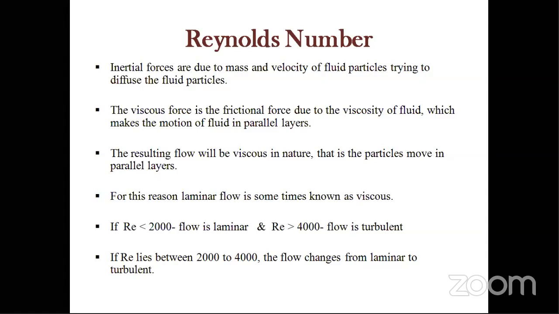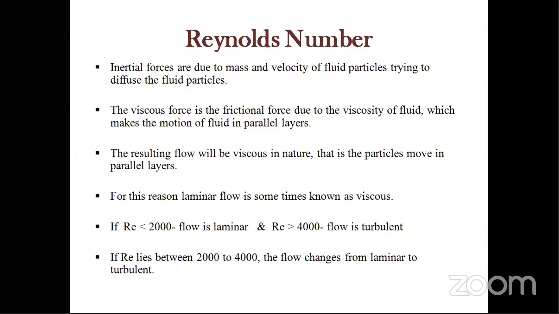The viscous force is a frictional force due to the viscosity of the fluids, which makes the motion of the fluid in parallel layers. Depending on the viscosity of the fluid, your flow of fluid is different. If you have more viscous fluid, your viscosity differs. If you have less viscous fluid, your viscosity differs. So depending on the viscosity and the stress applied, the Reynolds number changes.